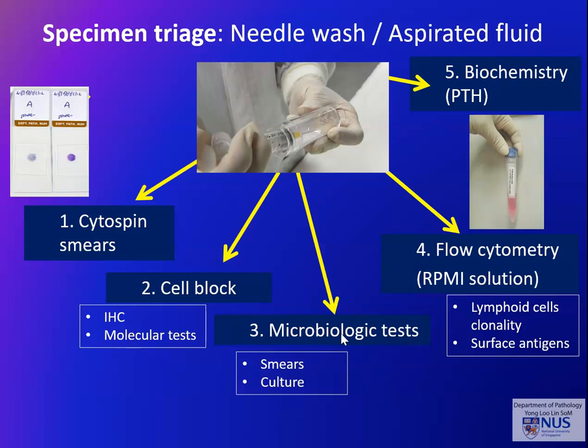We can, of course, send material to the microbiology lab for smears and culture, and material can be collected in this RPMI solution to be sent to the hematology lab for flow cytometry if lymphoma is suspected. And also, material can be sent to the biochemistry lab, for example, if there is suspicion of a parathyroid lesion.